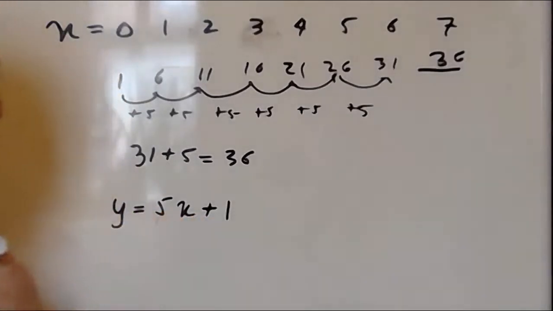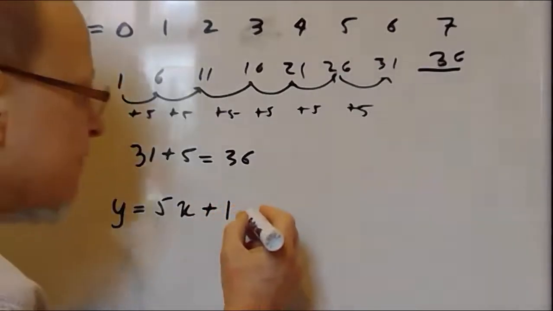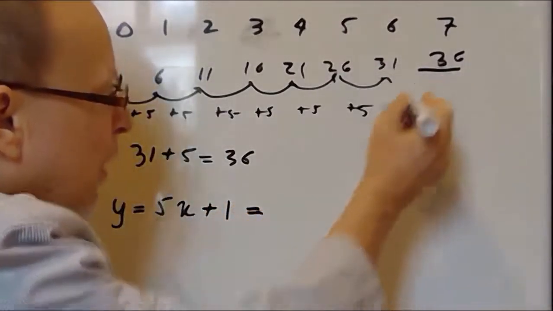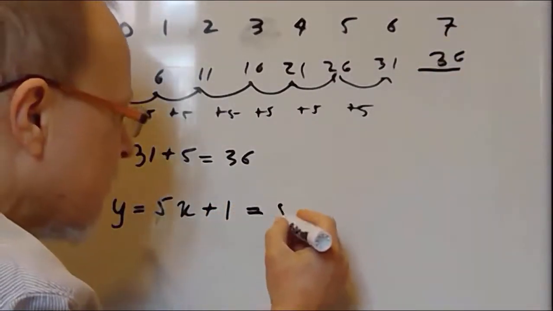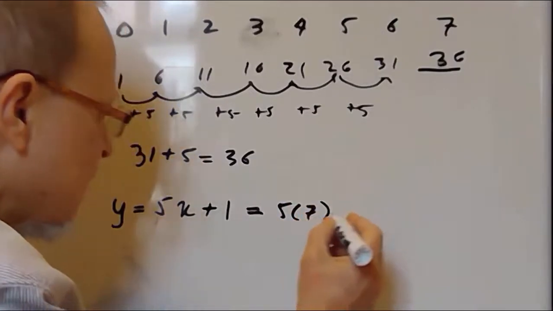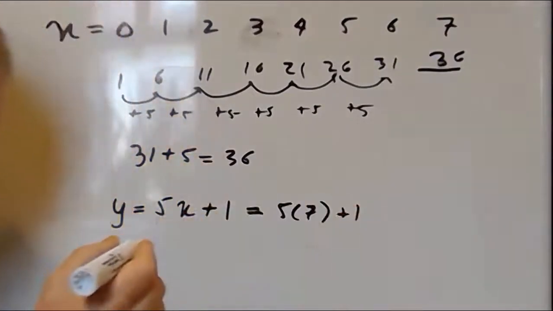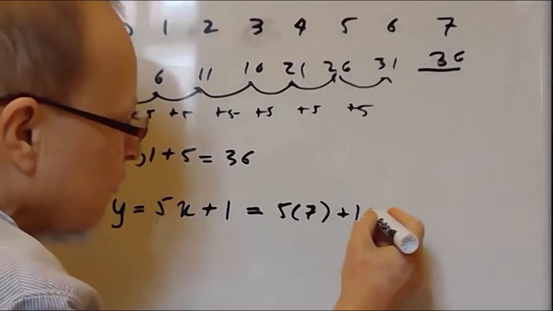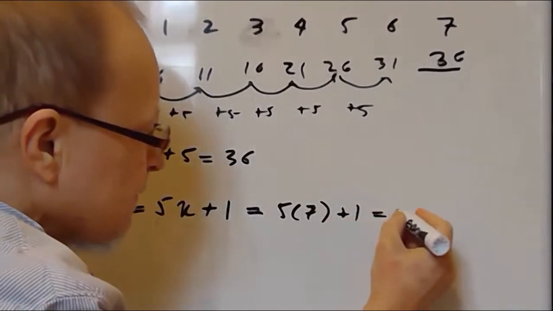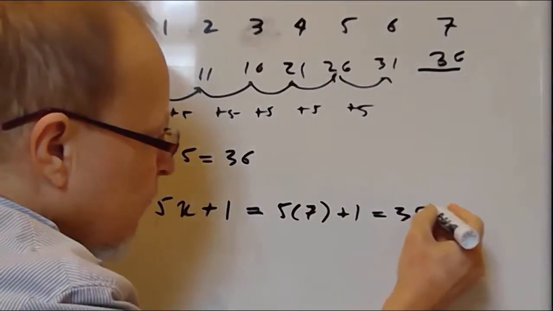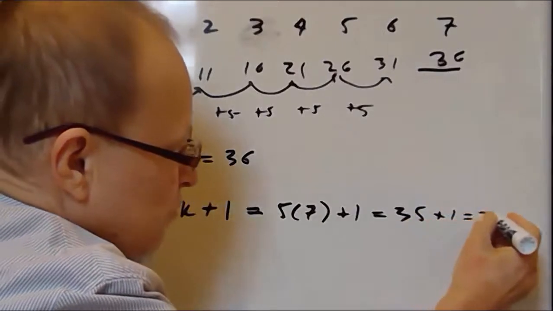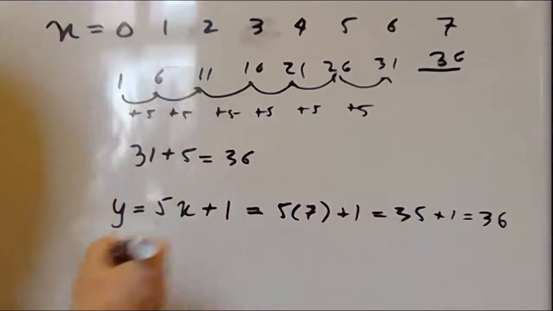So if we replace this n by 7, plus 1, indeed we get 36. 35 plus 1 is equal to 36.